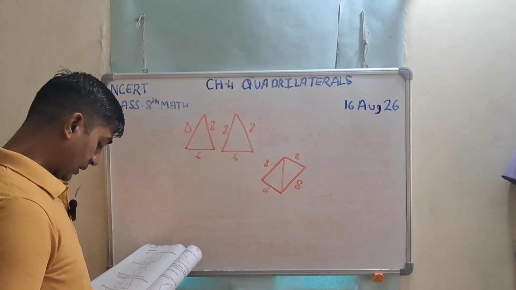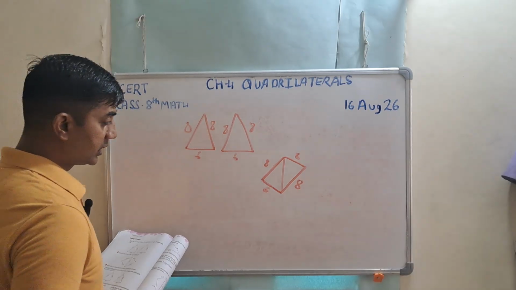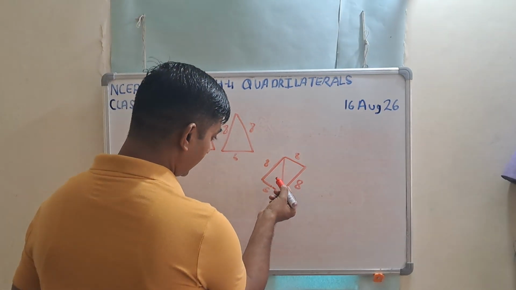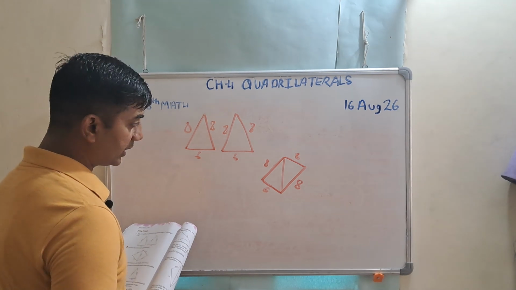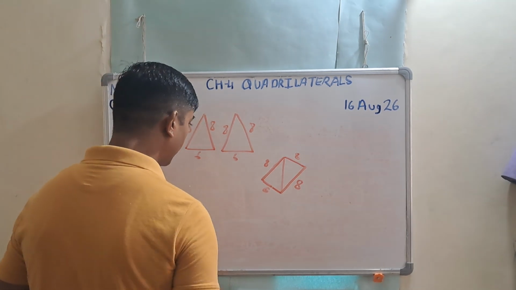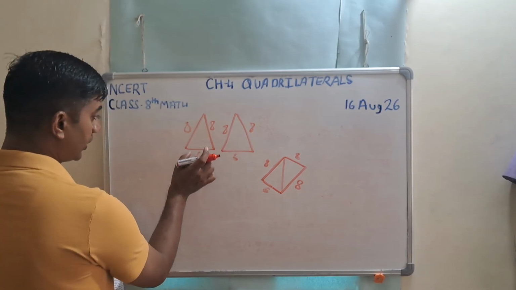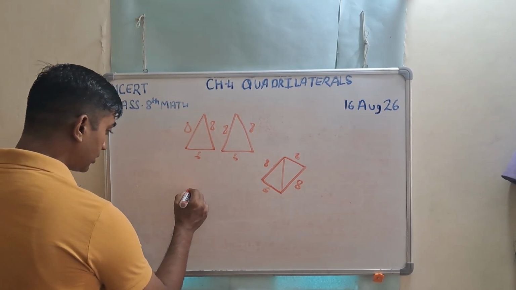So this figure will come out as a parallelogram. Understood? Since we have drawn it like this, it looks like a rectangle, but it is not definitely always a rectangle. This is a parallelogram.